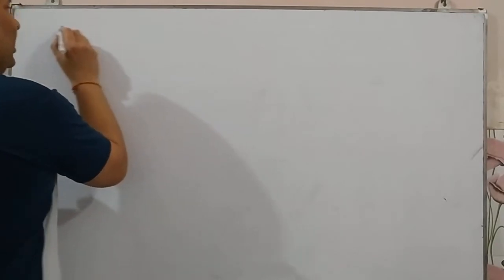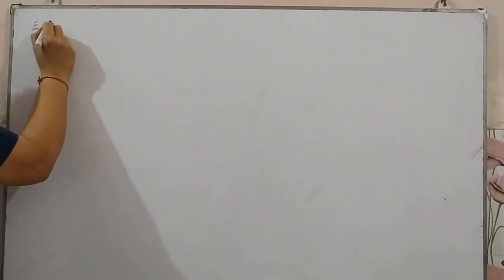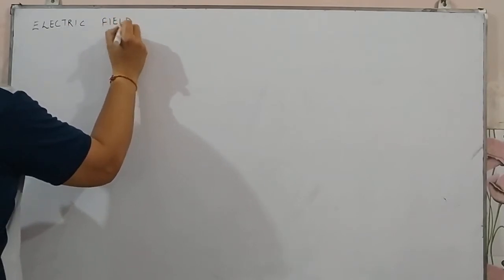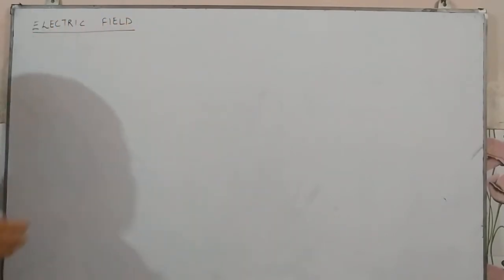So next we'll discuss the electric field. What do you mean by electric field? You can take it as a very simple concept. You must have studied in class 10th that the magnetic field is the region or space around a magnet in which its magnetic influence can be experienced.